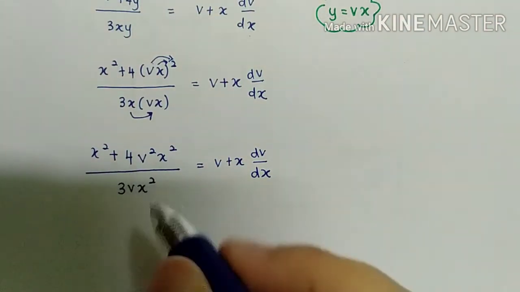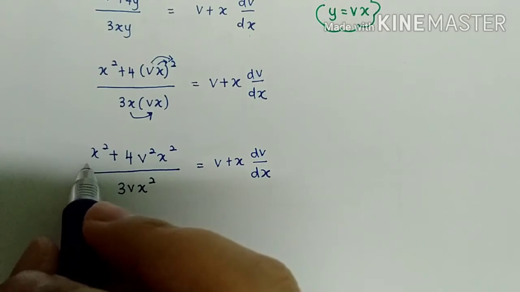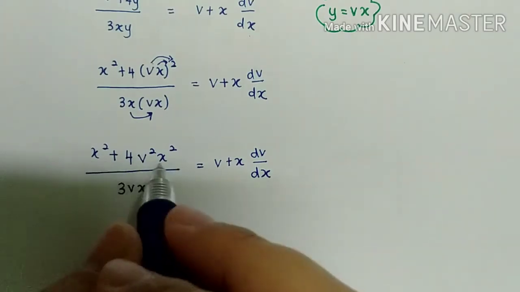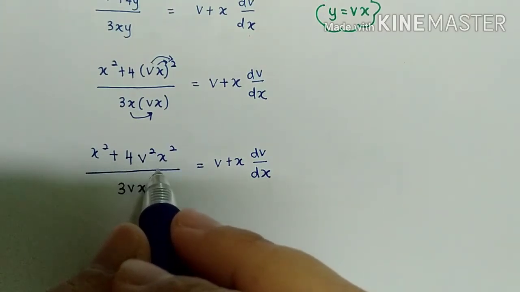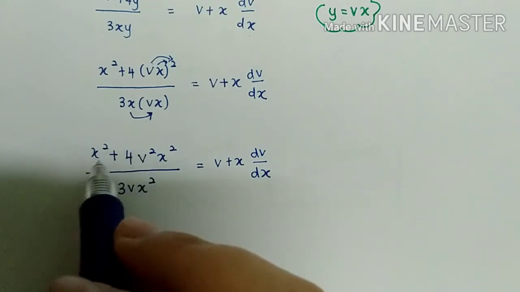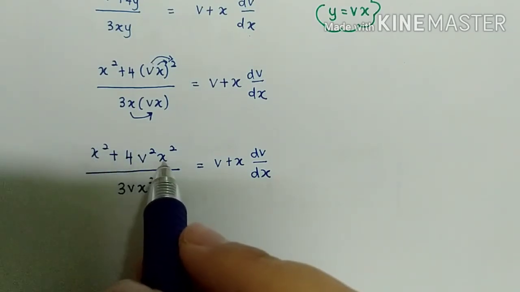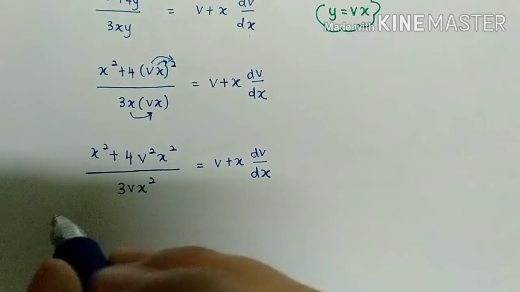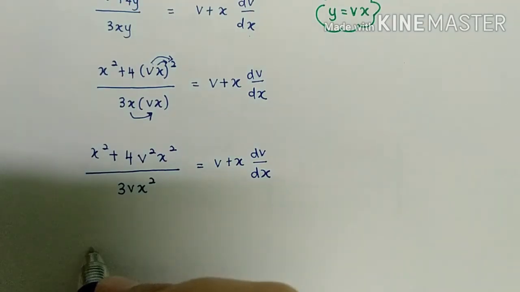Again we simplify the left side. We have x squared in the first and second terms of the numerator, so we can factorize x squared.